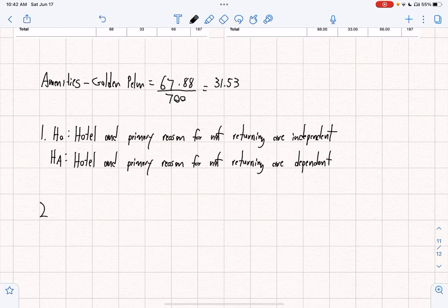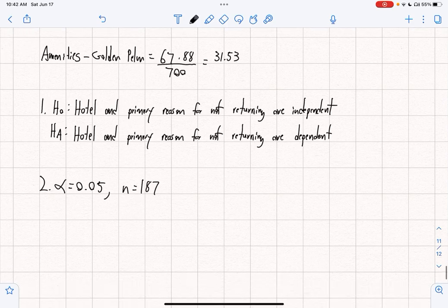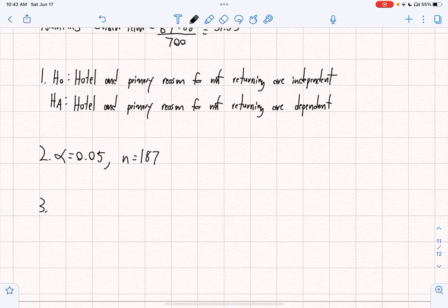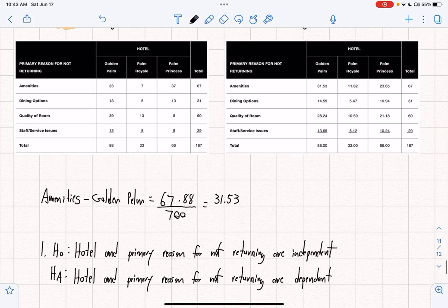Step 2, we'll just keep using alpha equals 0.05, and our n here is 187. Step 3, which would be our chi-squared stat, which is summing over all cells, f observed minus f expected, squared, divided by f expected, which again is exactly the same as we did before.